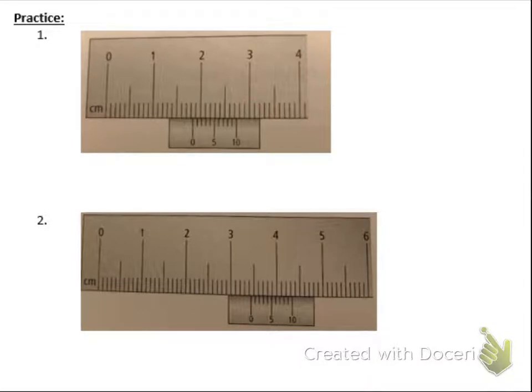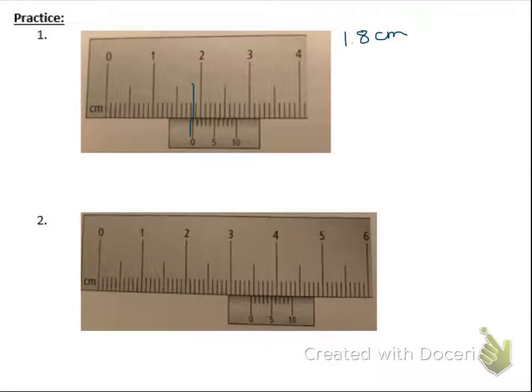The first thing we want to do is look, where is the zero hitting the top scale? Well, this zero is hitting the top scale right there, right before 1.9 centimeters. So we're not at the 1.9 yet, so we've got 1.8 centimeters.